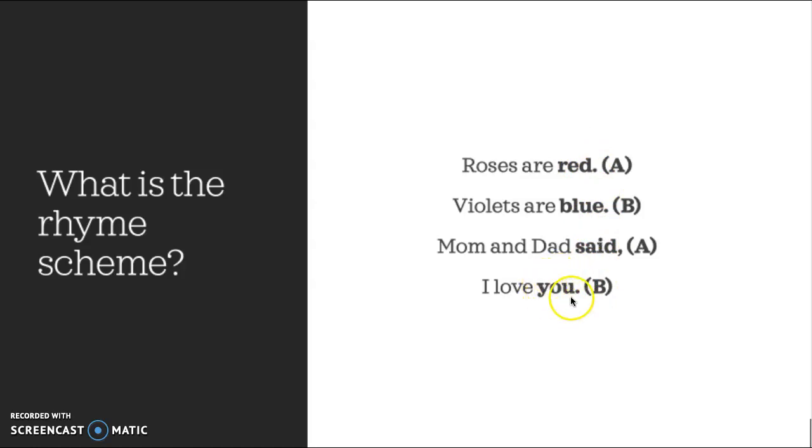Well, you rhymes with blue, so because they have the same sound and they match, they both get the letter B. So if I asked you, what's the rhyme scheme of this poem? The rhyme scheme is A, B, A, B. Hopefully that makes sense. If not, you can rewatch this video to see if it helps make sense a little bit more.